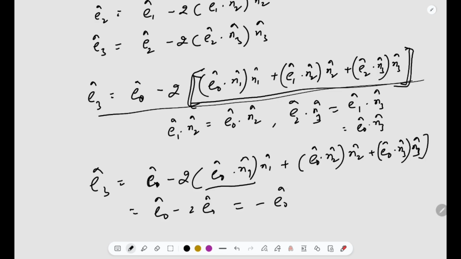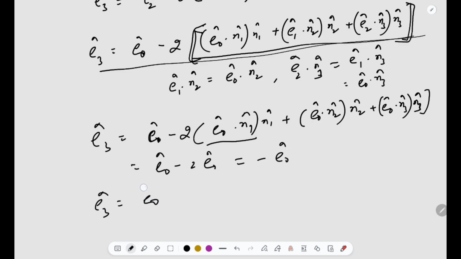If you don't understand, this E3 was simply E naught minus twice E naught, then that bracket was simply, if the incident ray makes angles alpha, beta and gamma with the three perpendicular mirrors, and if it makes an angle alpha with the mirror whose normal is along n1, and angle beta with the mirror whose normal is n2, and so you can write here cos alpha n1 plus cos beta n2 plus cos gamma n3, like this.